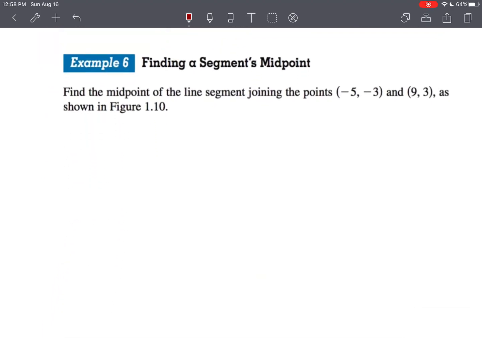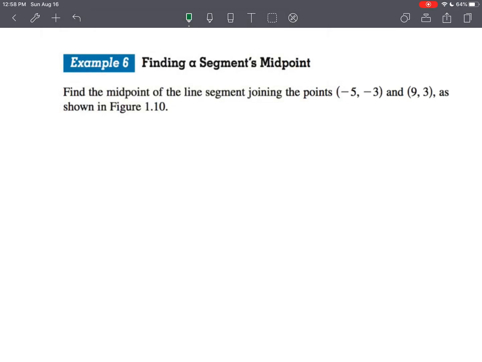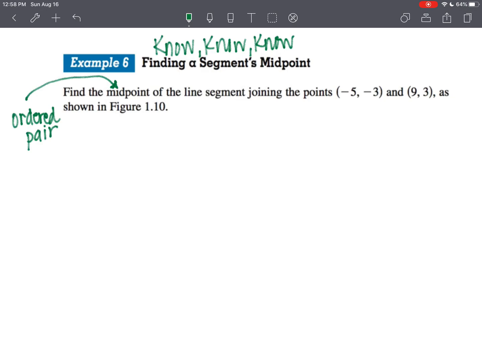We want to find the midpoint of the line segment. If there's anything that you could add to this, finding the midpoint, I want you to know that the midpoint is an ordered pair. I don't know what it is about that, but sometimes people get confused.